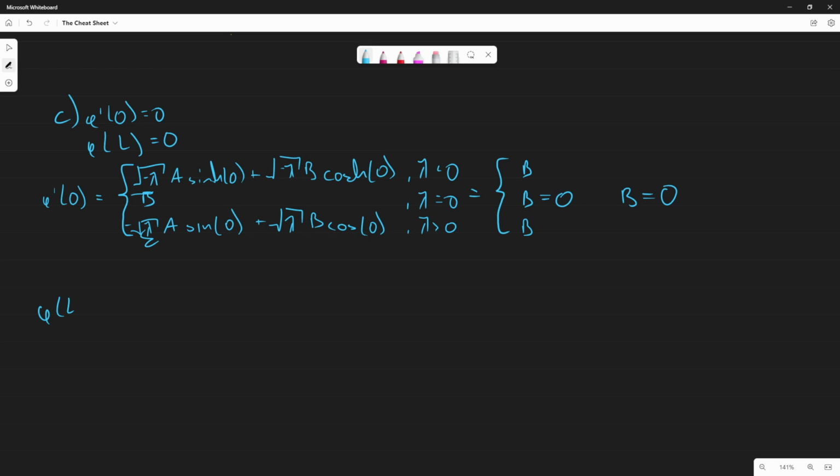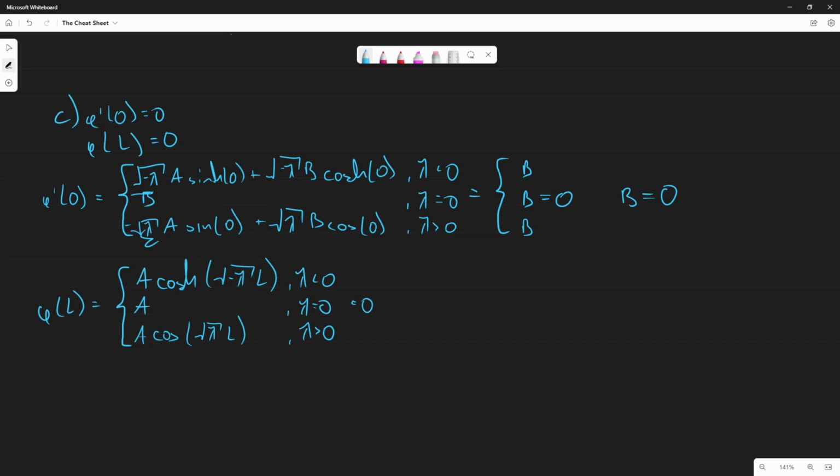So phase of L now would be equal to a times hyperbolic cosine of the square root of negative lambda times L for the negative values of lambda. This one would just be a for lambda equal to 0. And this one would be a times cosine of the square root of lambda times L for lambda positive. Now again, we want this to be equal to 0.